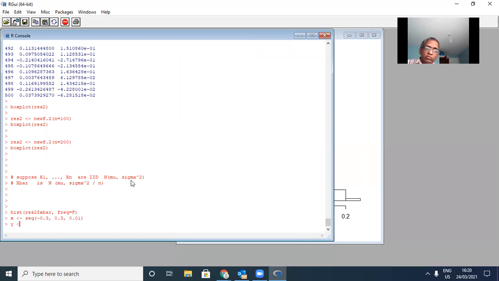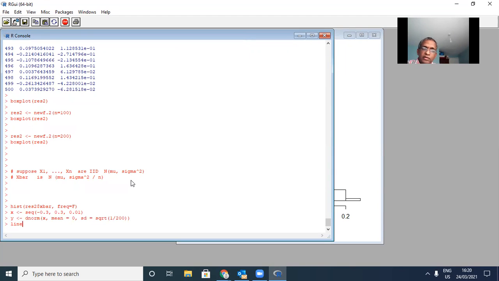And I'm going to define y as the density of the normal at x with the mean equal to 0 and the standard deviation equal to the square root of the variance, which is the square root of 1 divided by n. n in this case is 200.